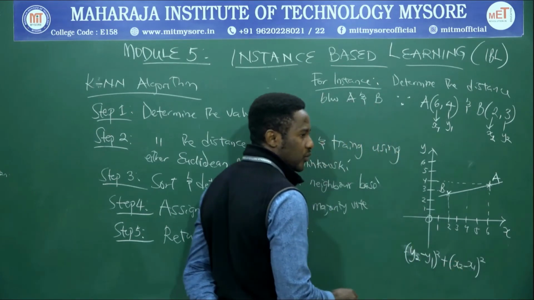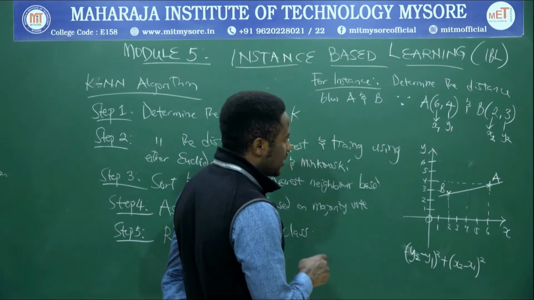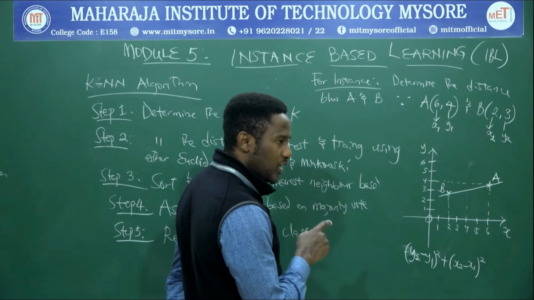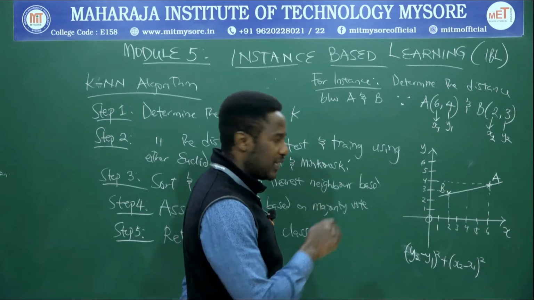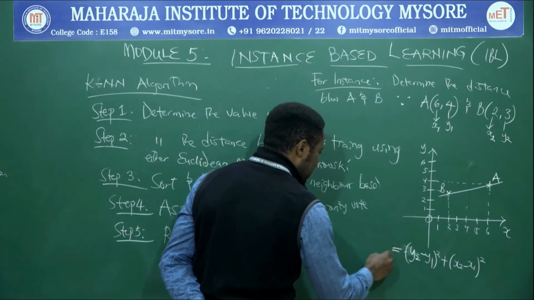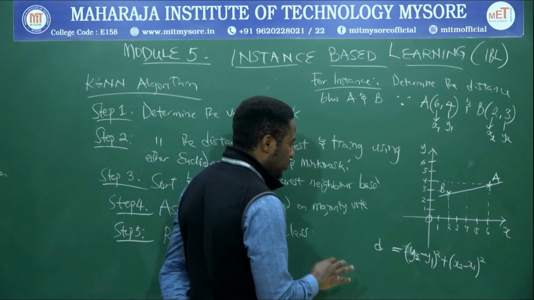Now watch this. Since we are squaring it, this will not minimize the error. We can calculate the distance by doing this much. But let's do this now.